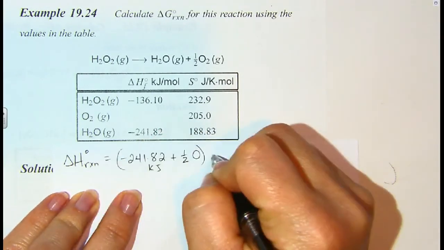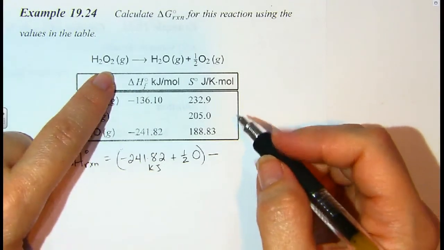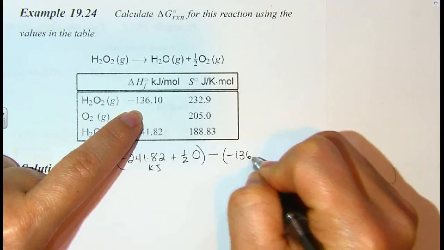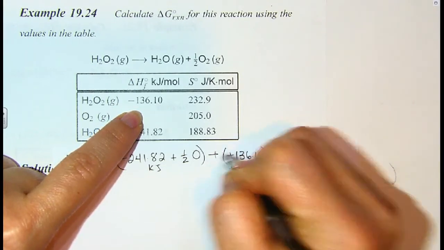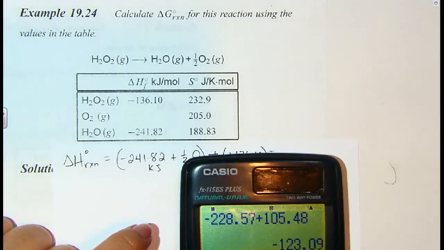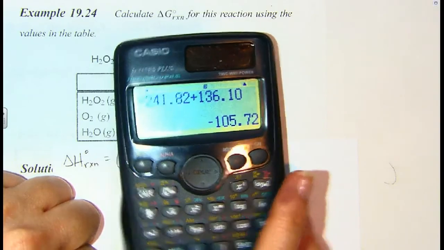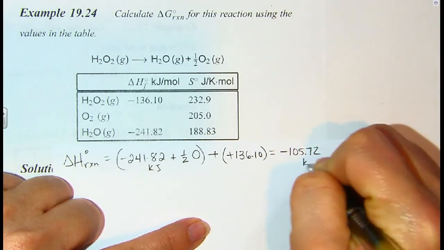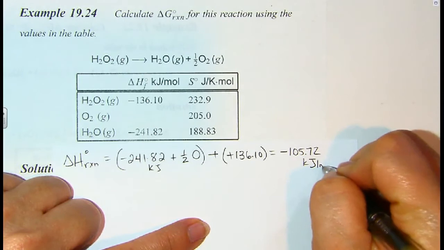And we're going to subtract the delta H of our reactant, which in this case is negative 136.10, and notice that that becomes a positive value. So let's go ahead and do this math. It gives us negative 105.72, and that's kilojoules per mole.